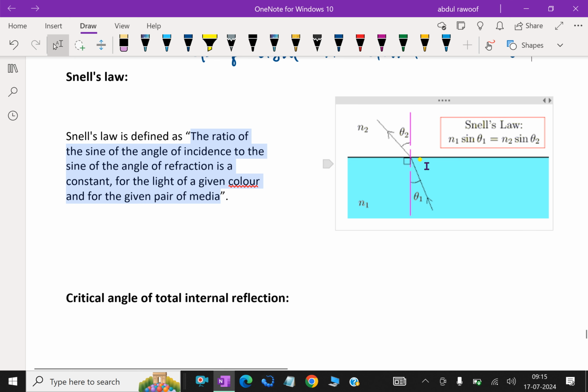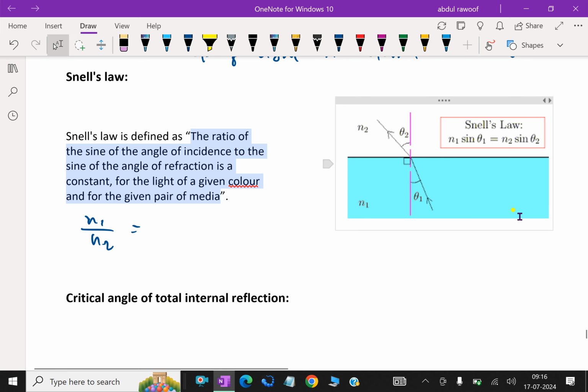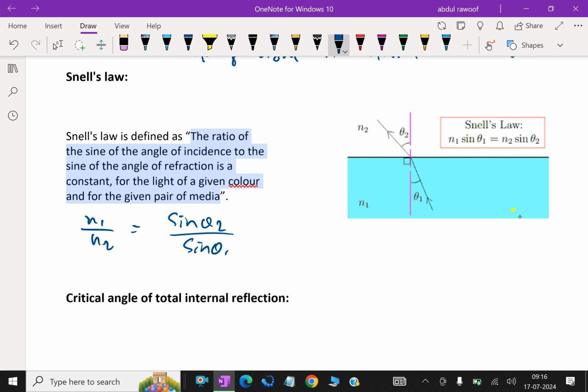Here n1 and n2 are the refractive indices of the mediums, theta 1 is in the denser medium and theta 2 is in the less dense medium. From this we can also write n1 by n2 equals sine theta 2 by sine theta 1.